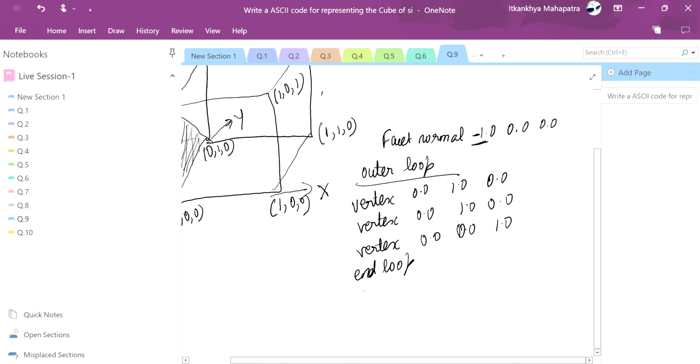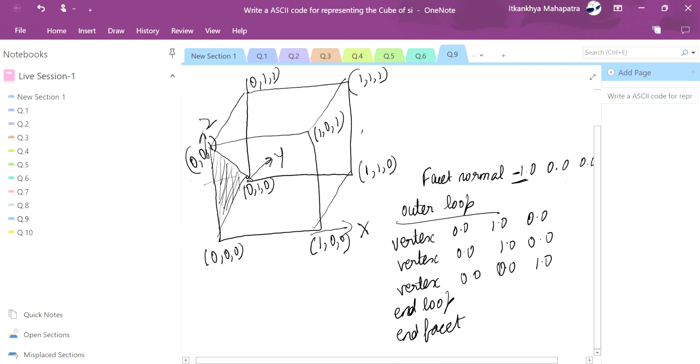This is the format in which we write the ASCII code. And since we are considering this in the counterclockwise direction, we have taken this as minus 1.